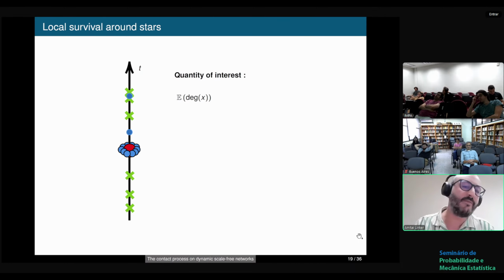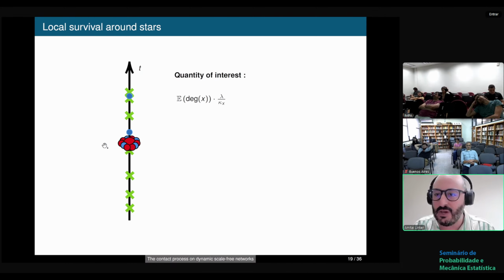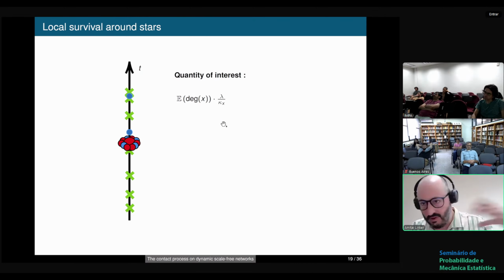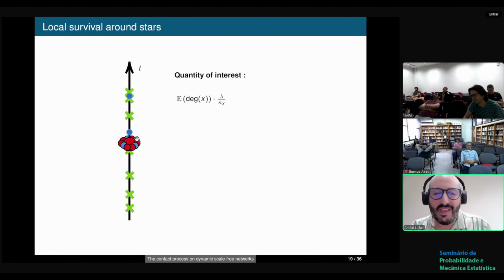What you need to survive, to surpass this recovery event, is to first infect some of your neighbors. The number of neighbors that you are going to infect before hitting this recovery event is the total number of neighbors that you have times lambda, because you infect each of them at rate lambda, but this interval of time is of order 1 over kappa x. So you have less time. This is why it is lambda divided by kappa x.